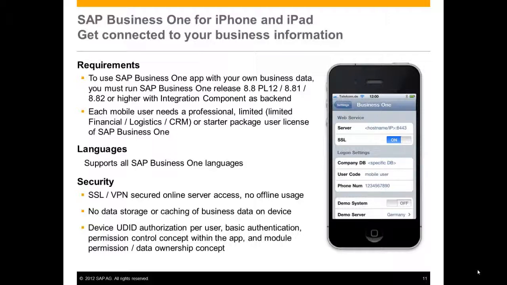So at all times, your business data is secure. And to add an additional layer of control, we require you to record the user's device identification code inside SAP Business One, which makes sure that only the user of that device can access the Business One data.